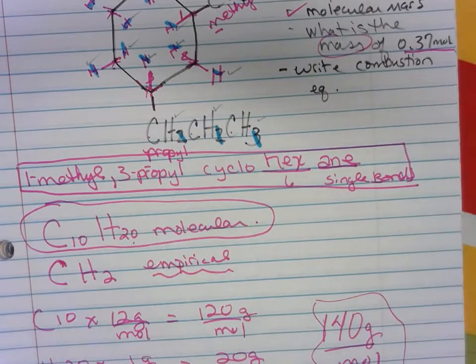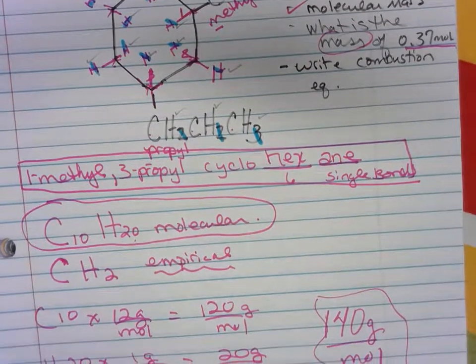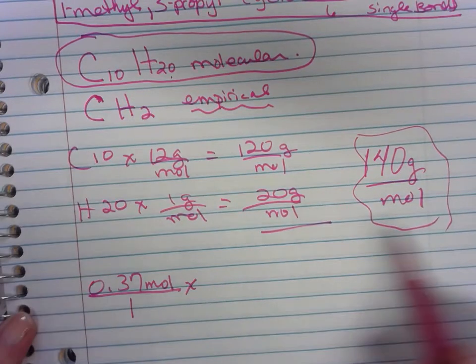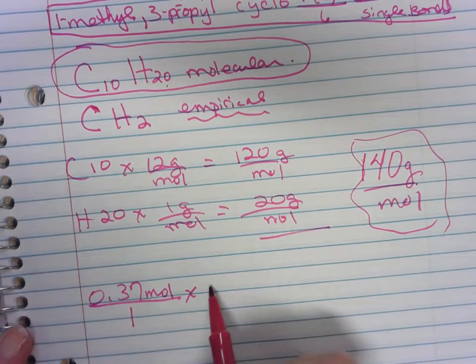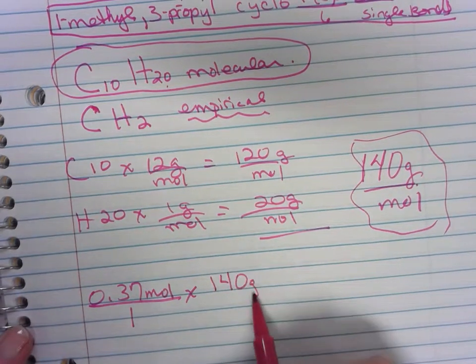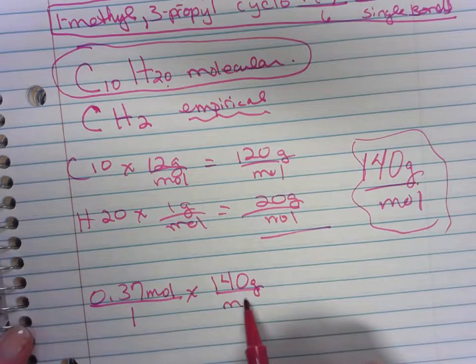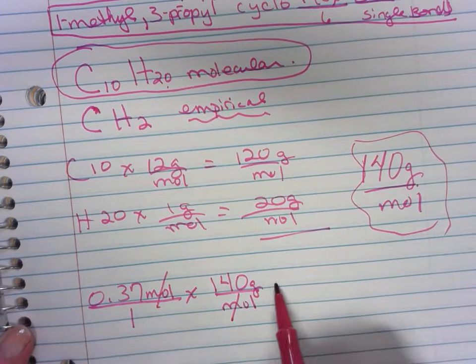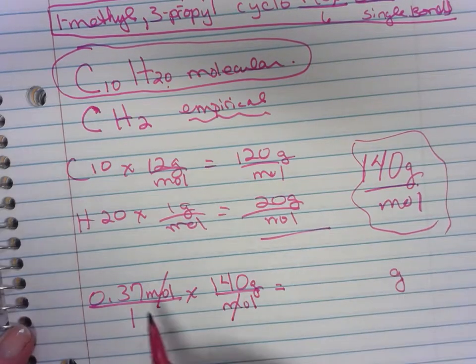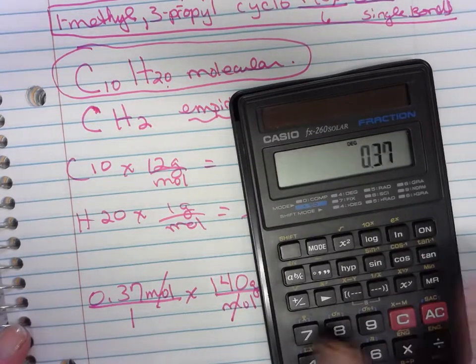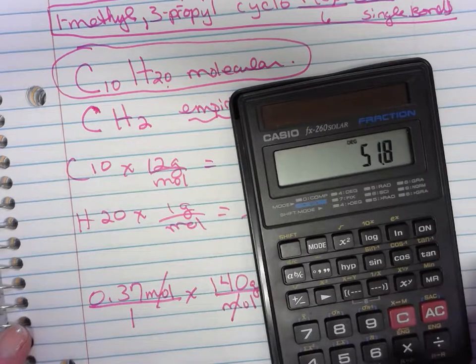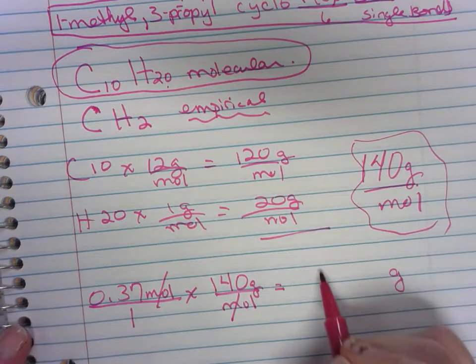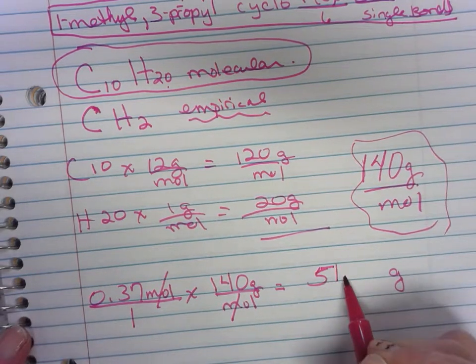So we're going to put this so that we end up with grams. That means we're not going to flip it. So it's 140 grams per mole. 0.37 times 140. I got 51.8 grams.